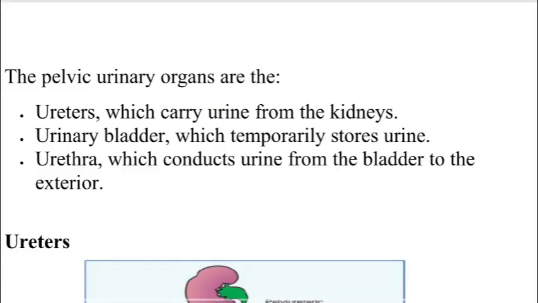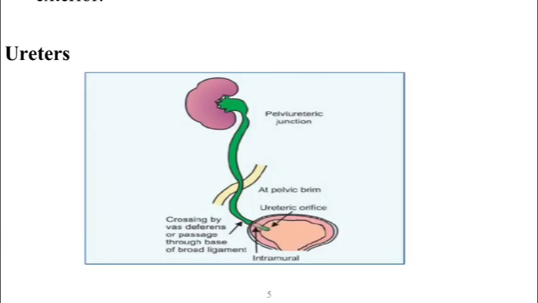Now the ureters. The ureters are muscular tubes. The ureters are 25 to 30 cm long. The ureters connect the kidneys to the urinary bladder. The ureters are retroperitoneal. Their superior halves are in the abdomen, and their inferior halves are in the pelvis.